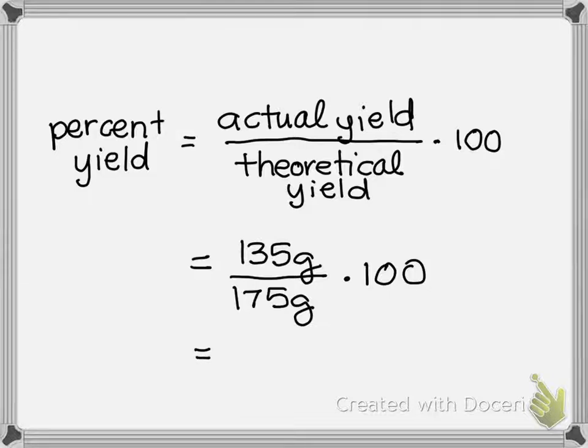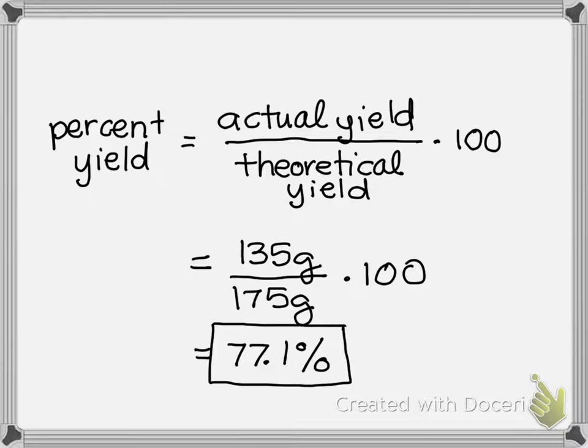So finally, I say 135 divided by 175, and then times 100. And I get, to three significant figures, 77.1% yield. So that's my answer. For some reactions, that would be a very good yield. For other reactions, it wouldn't be so good, but that would just depend.